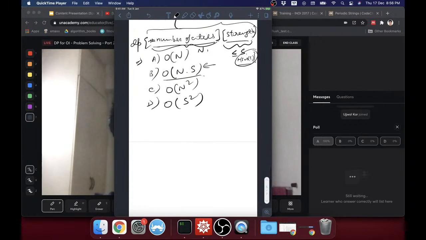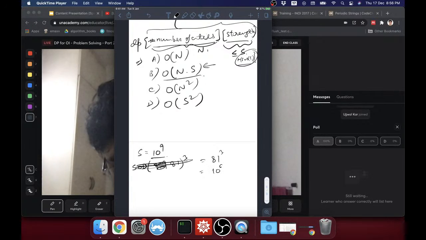If your initial strength s is around 10 to the power 9, your sum of digits will at most be 9 times 9, so 81, and you're cubing it, so that's roughly 10 to the power 6.